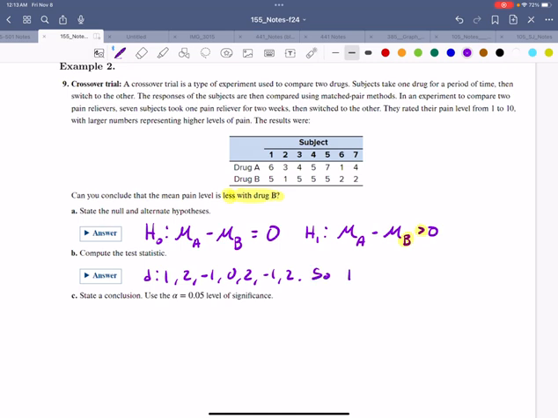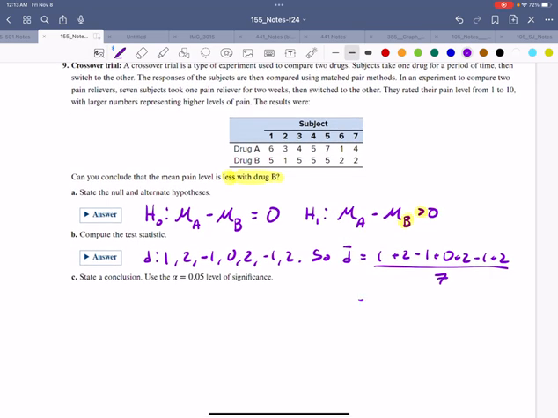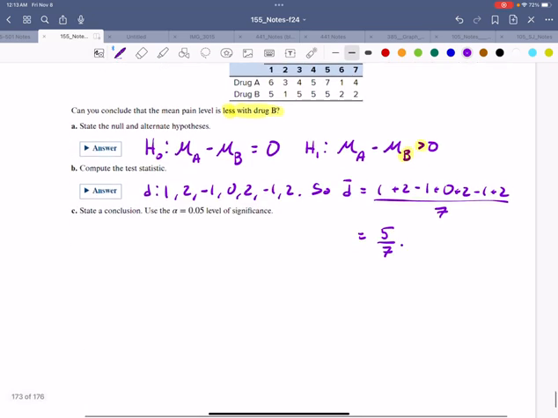So the test statistic is D bar, which is 1 plus 2 minus 1 plus 0 plus 2 minus 1 plus 2, all over 1, 2, 3, 4, 5, 6, 7. What does that wind up equaling? Well, let's see. We have 3 minus 2, 4, 3, 5. I've got 5 sevenths. All right. And so we state our conclusion.